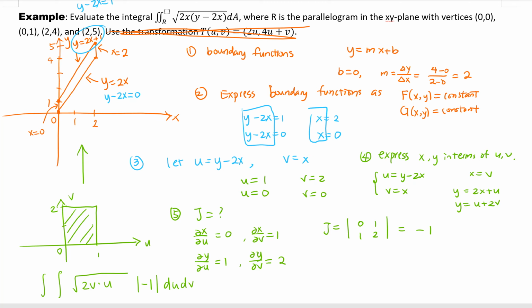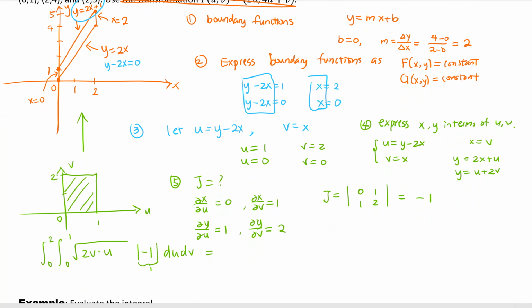So here v is from 0 to 2, u is from 0 to 1. Now you can see the absolute value of minus 1 is just 1. So we can pull the square root of 2 outside. And then we have u to the 1/2, v to the 1/2, du dv. So let's see. Integral with respect to u: u to the 3/2 over 3 times 2, times v to the 1/2, and u is from 0 to 1.